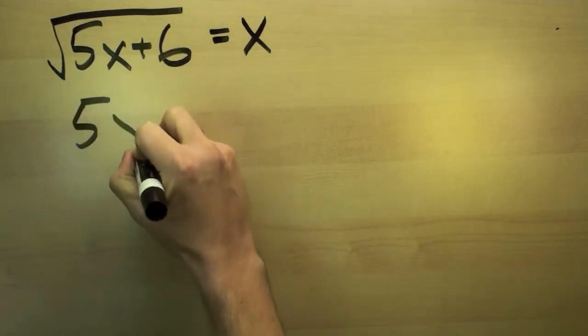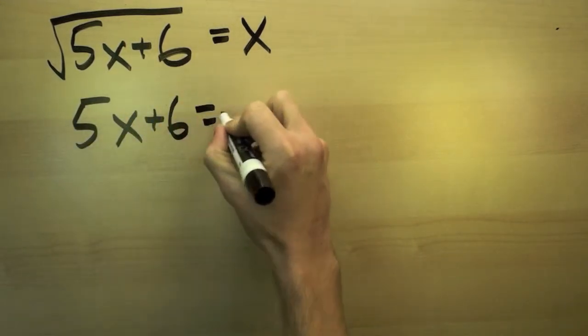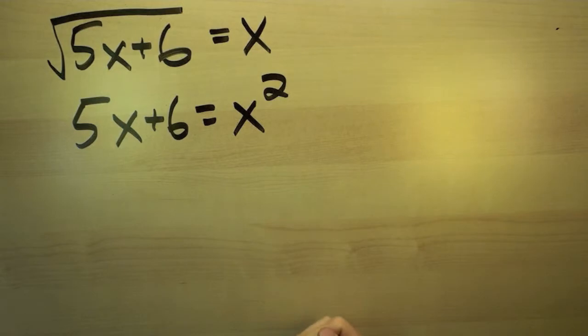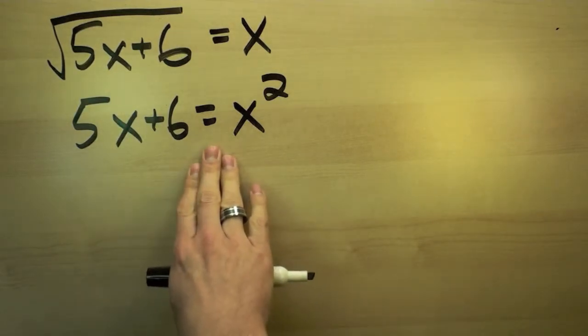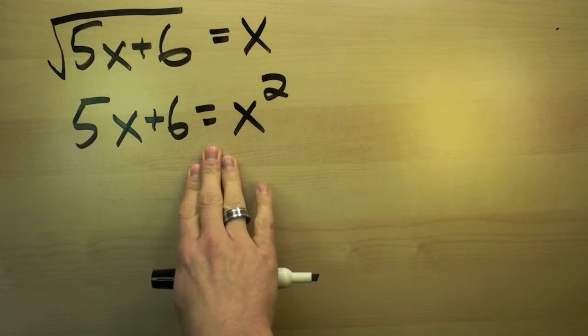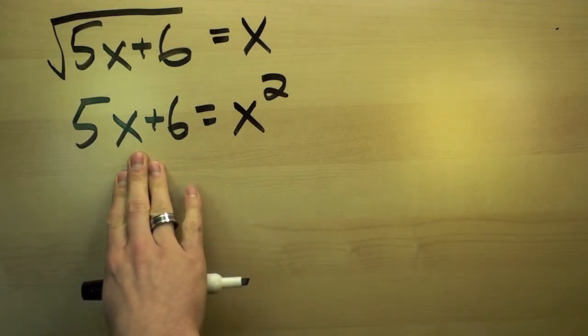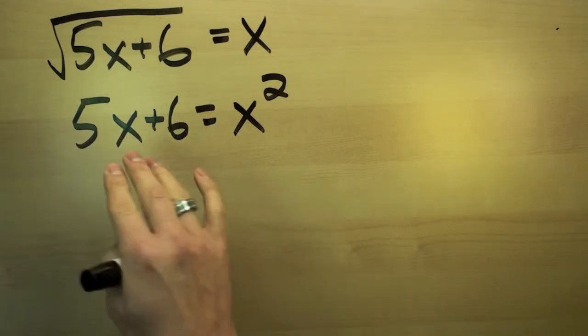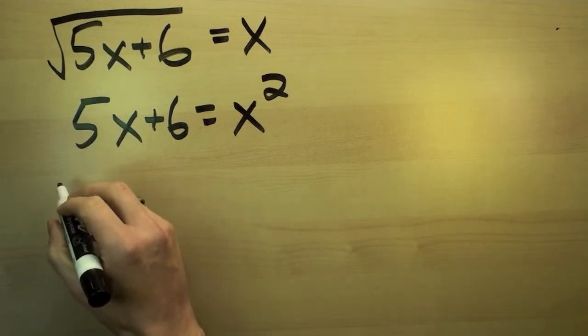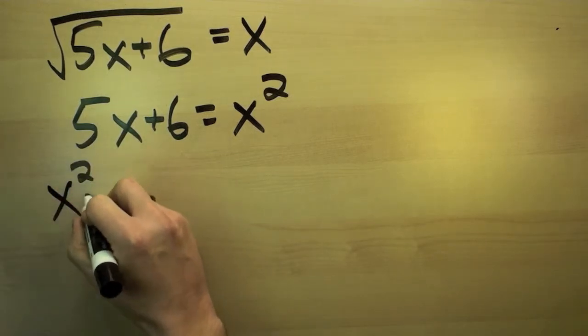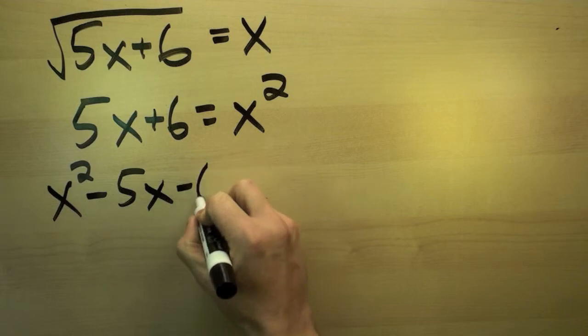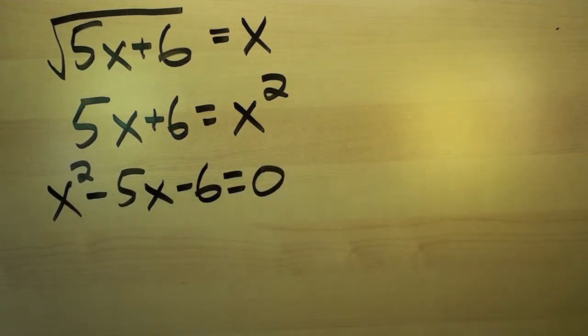So we get 5x plus 6 equals x squared. We now need to solve the equation 5x plus 6 equals x squared. So let's subtract 5x and 6 from both sides of the equation, and this will give us x squared minus 5x minus 6 equals 0.